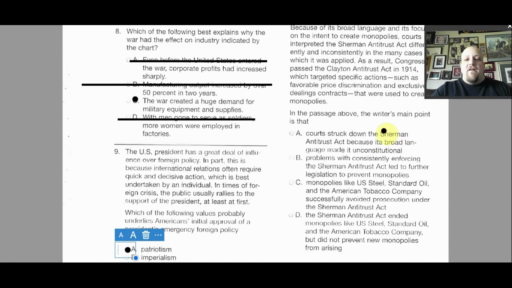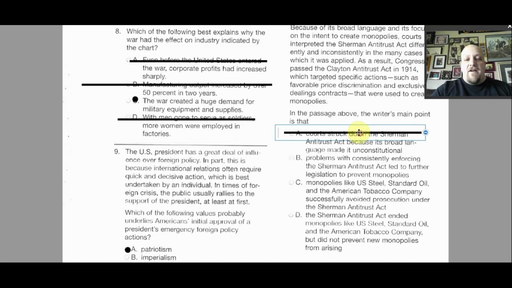In the passage above, what are we seeing with the writer? What's his main point? So, in this whole thing, what is this writer trying to say? So, court struck down the Sherman Antitrust Act because its broad language made it unconstitutional. If you look in here, it doesn't say anything about the Constitution, it doesn't say that it was struck down. It says that it was there, it was a good idea, but it just didn't necessarily work as well as they'd hoped.